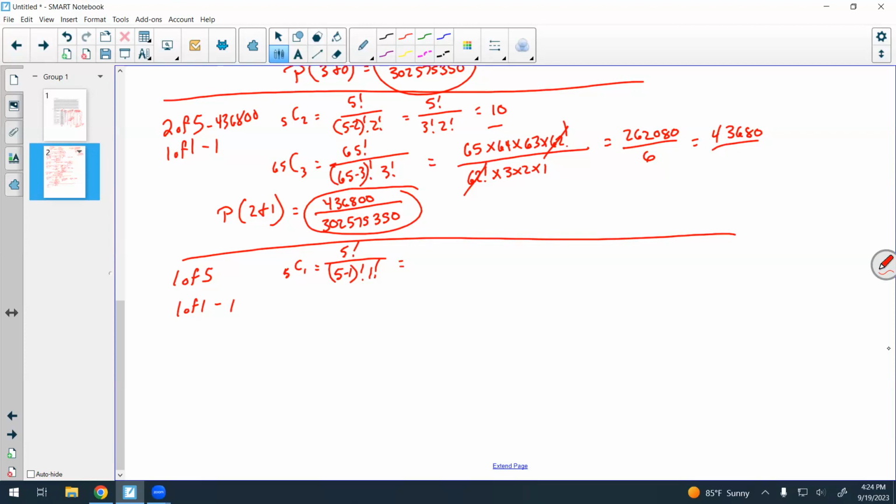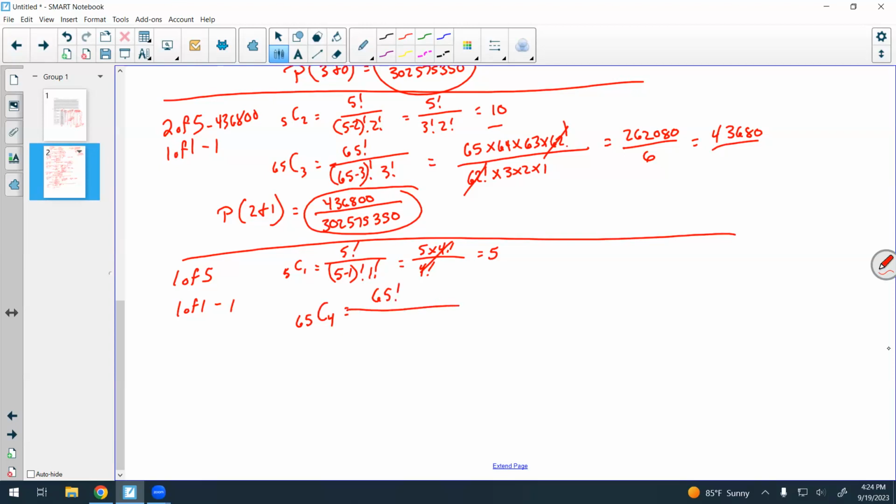Interesting side note, 0 factorial is also 1. So this is 5 times 4 factorial over 4 factorial. This is 5 again. Now I have to pick 4 losing numbers out of 65. I'm looking at 65, choose 4.